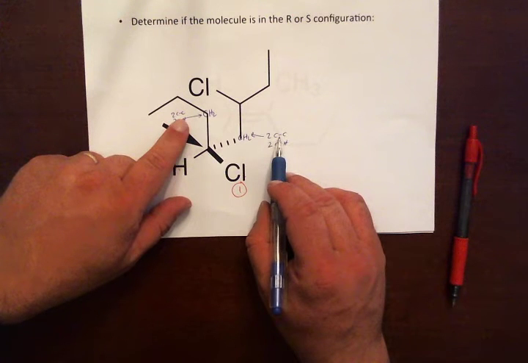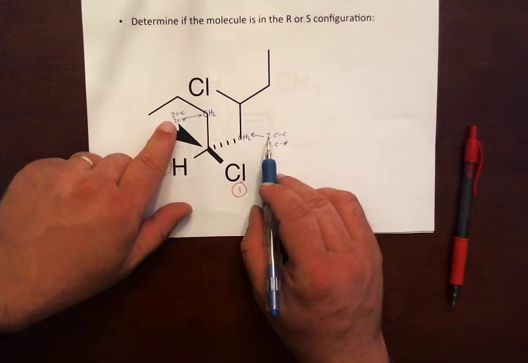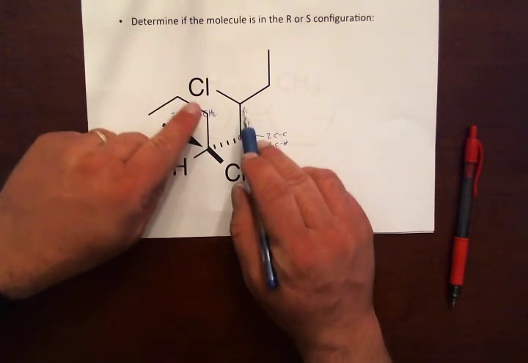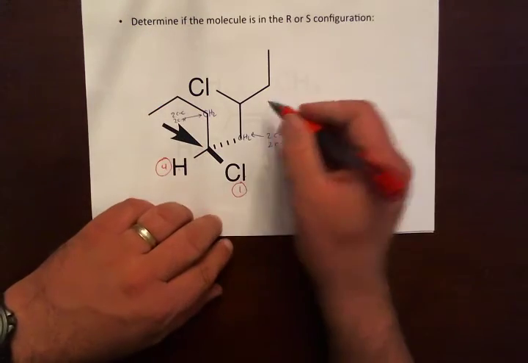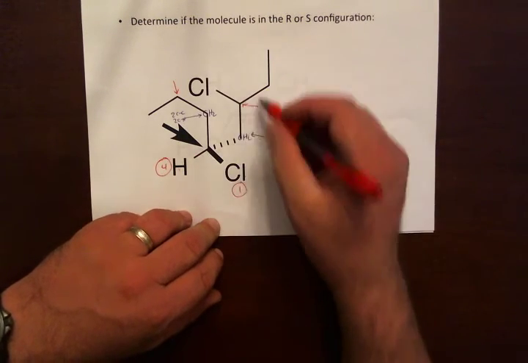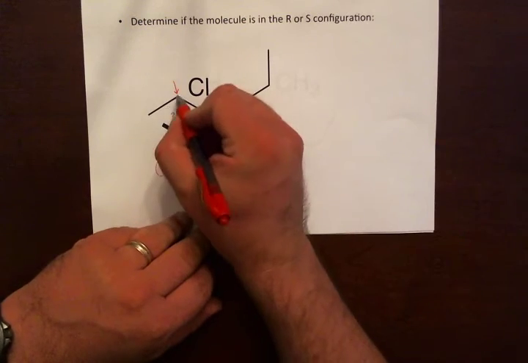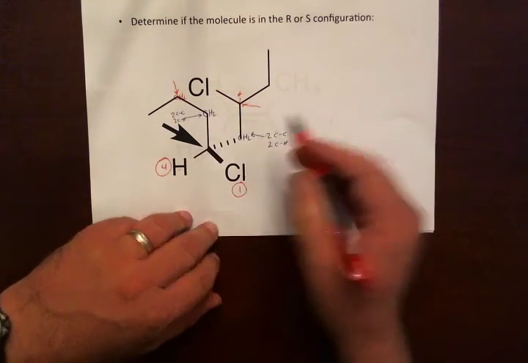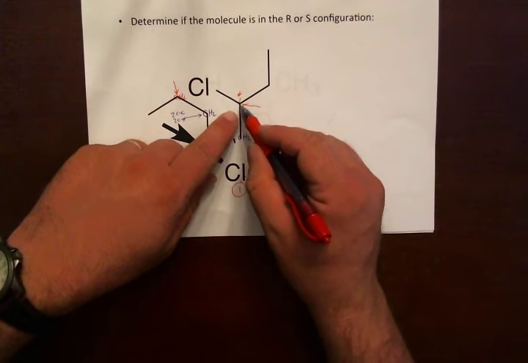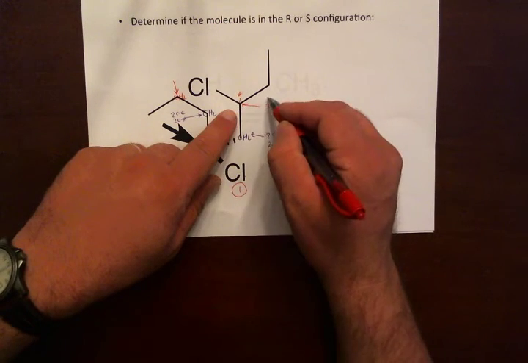So that's a tie. Then you look at the quantity. There's 2 of them, so it's a tie. When we get a tie like this, we go out one further. So now we're looking at that one versus that one. Here, 3 bonds are shown, so there's a hydrogen here. 2 bonds are shown, so this is a CH2. So this ends up being 2 carbon-carbon, a carbon-chlorine.